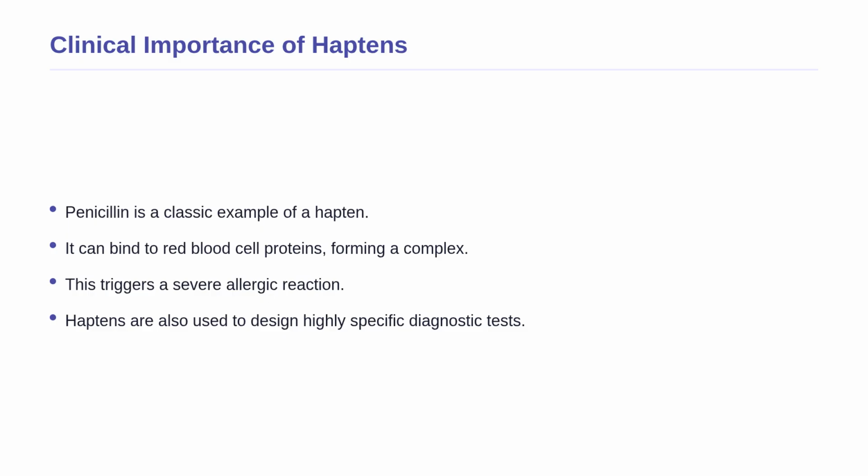This accidentally forms a dangerous hapten carrier complex right inside the body. The immune system suddenly sees this new large structure as a foreign invader and launches a massive attack, resulting in a severe allergic reaction. On the positive side, scientists intentionally use haptens attached to carriers to generate specific antibodies for diagnostic tools, like pregnancy tests.